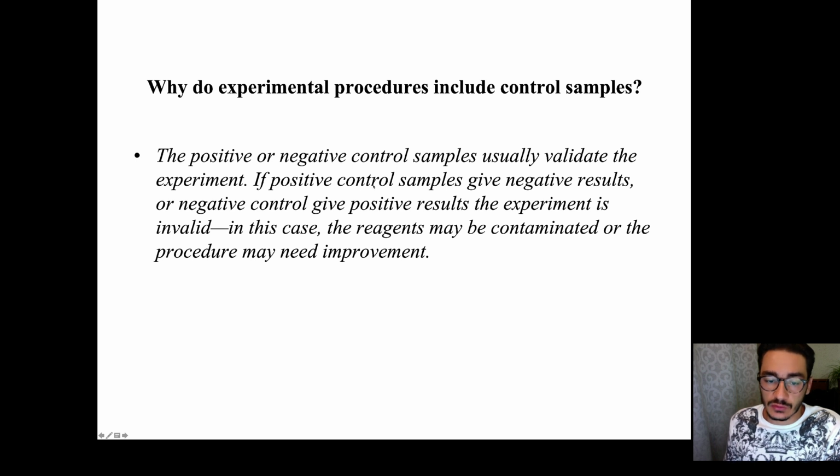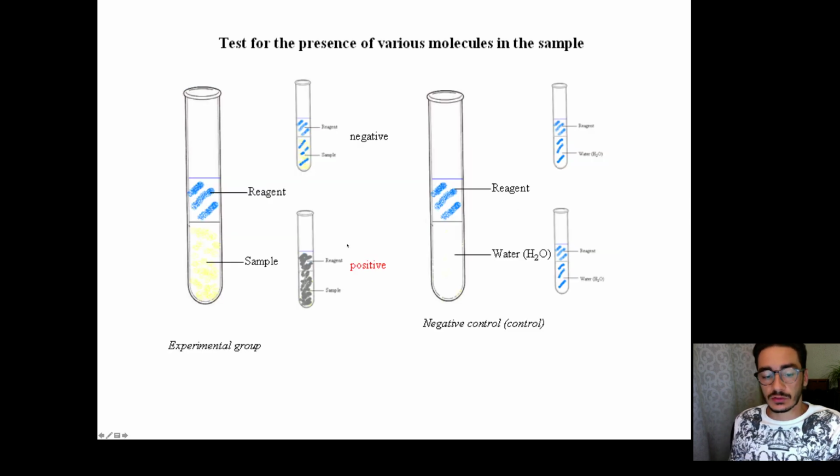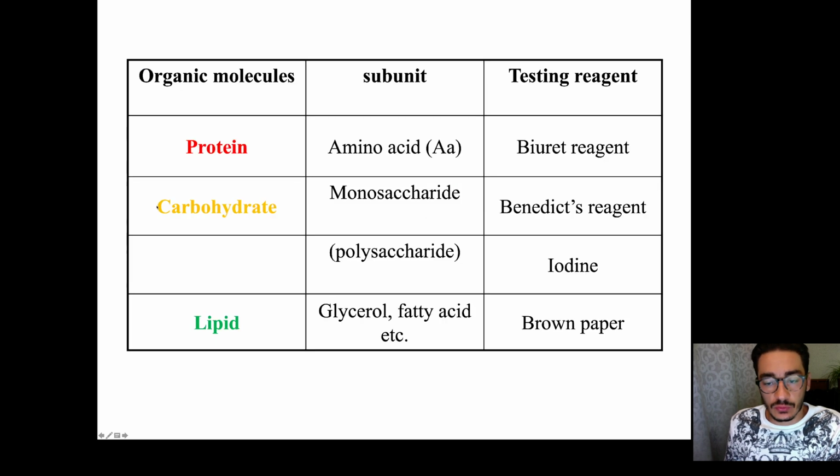If a positive control sample gives negative results... So what is a positive control? A positive control is when you have a known sample. You know this is a protein, and you add the biuret reagent.